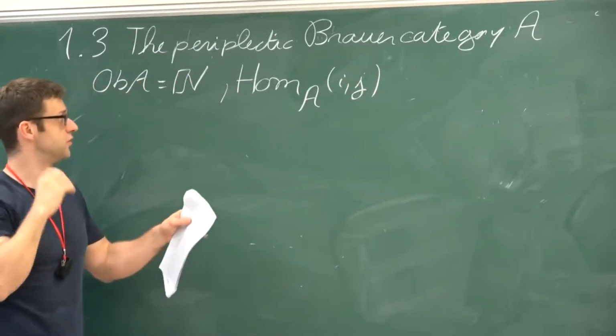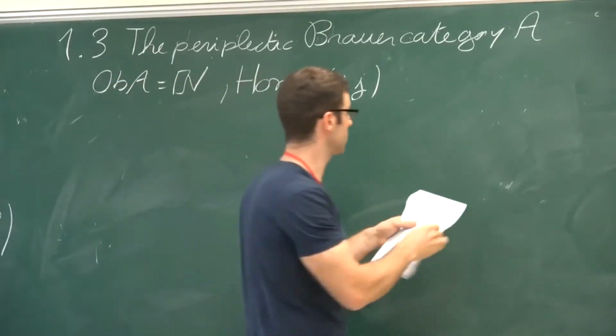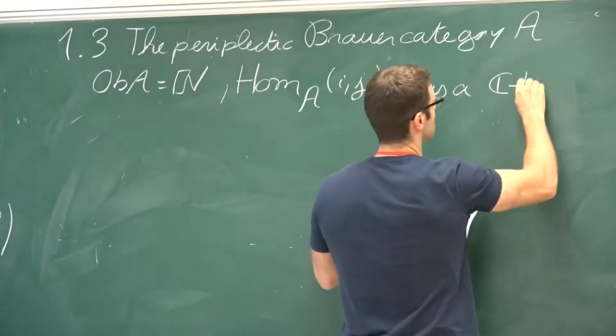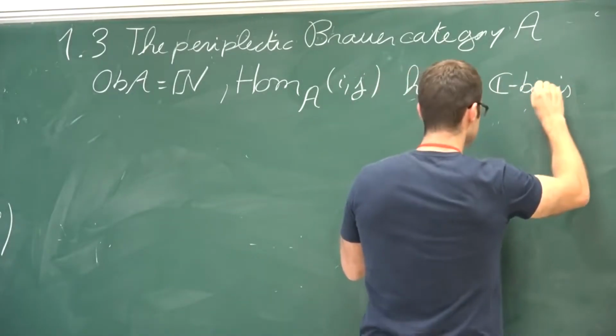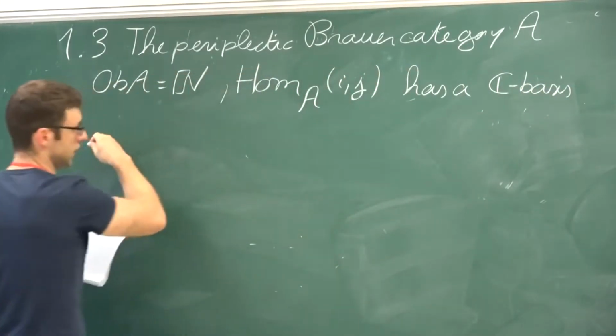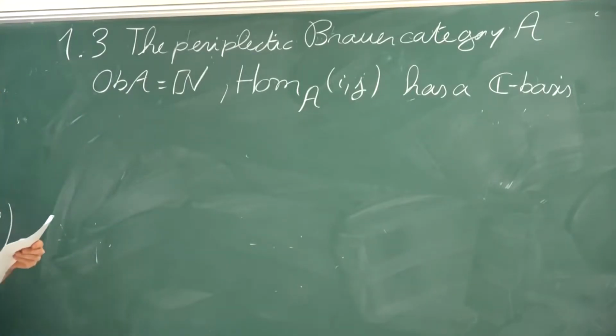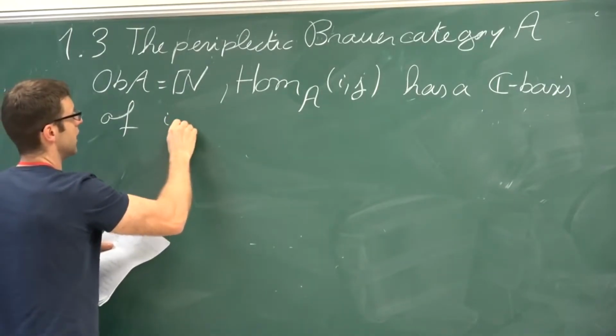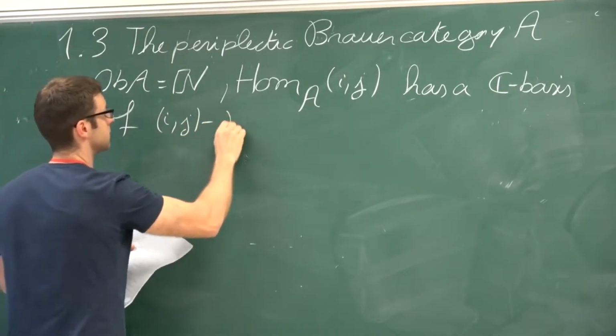The morphism space between two natural numbers has a basis over C. So it's a C-linear category. The basis is what is known as i,j Brauer diagrams.